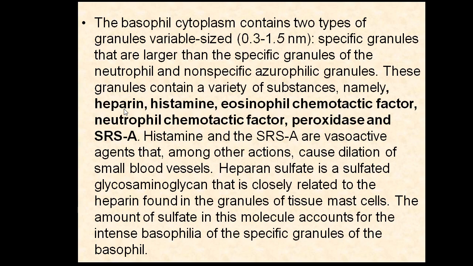It can be secreted only together with the specific granules. There has to be degranulation of the basophil. But histamine can be produced in huge volume and can be secreted without any problems from the cell. That's why mankind today suffers from allergic reactions.